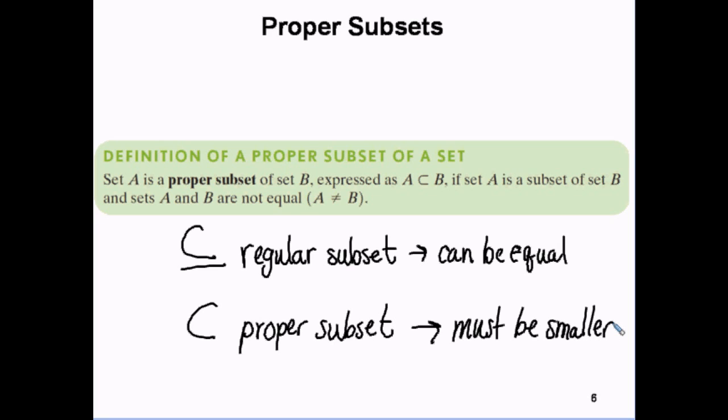It's sort of like, remember the less than or equal to, greater than or equal to? That's what this line underneath is telling you. It's either a subset or equal to. Does that make sense? Okay, I'll give you an actual hard example.